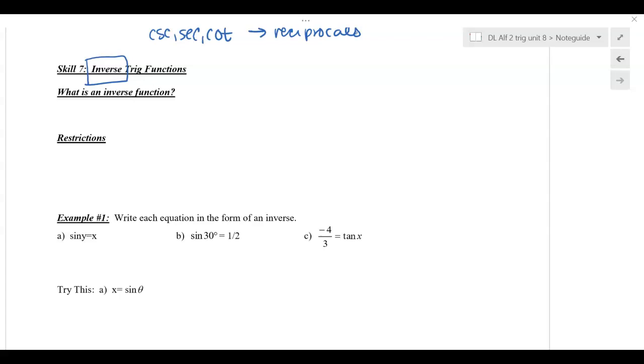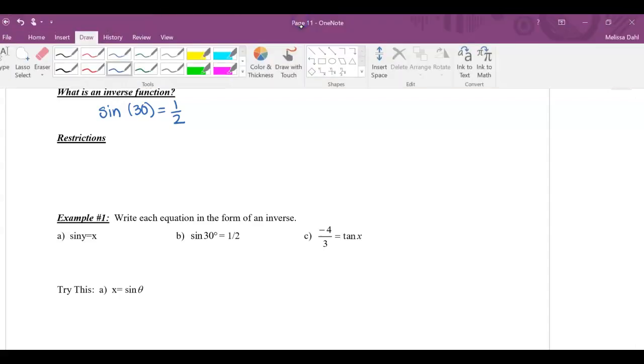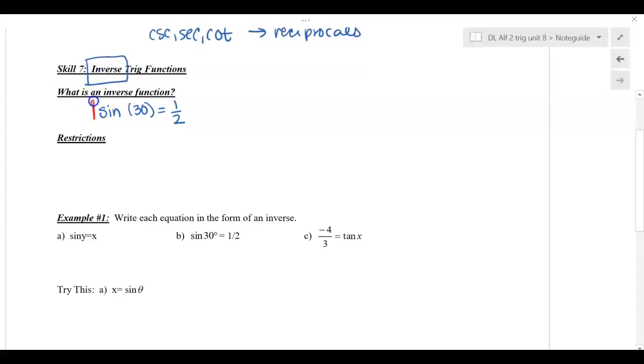So for example, if sine of 30 is equal to 1/2, notice that in this function, the function is the sine function. Your input is an angle, and your output is the ratio of some sides, okay?